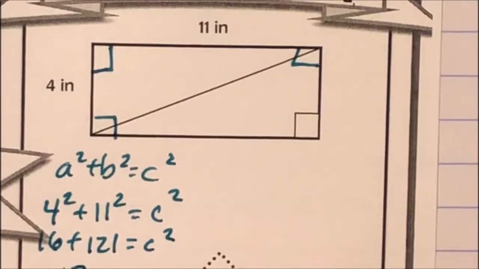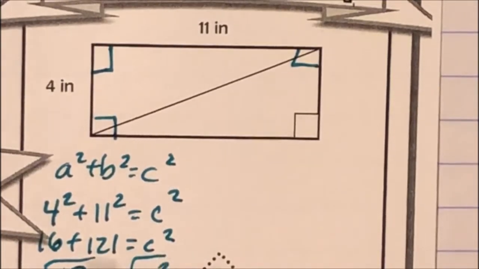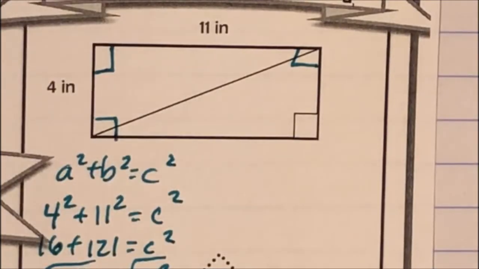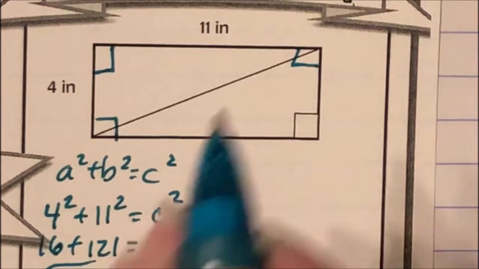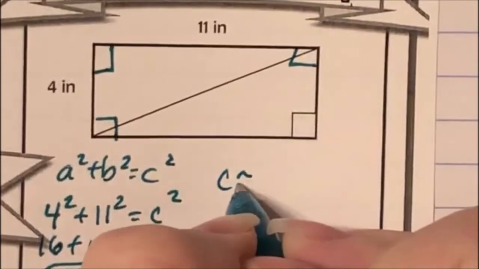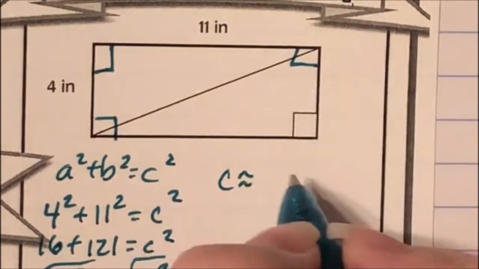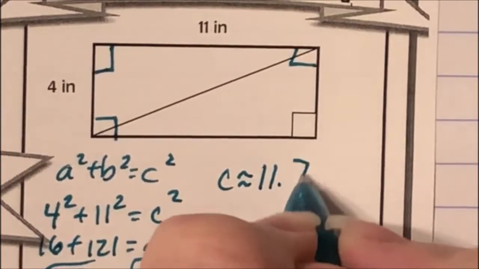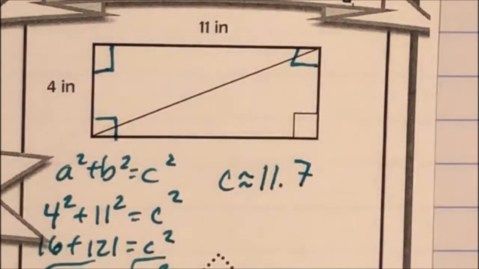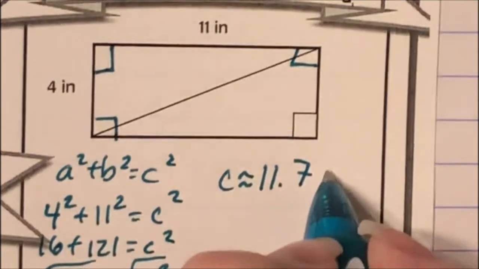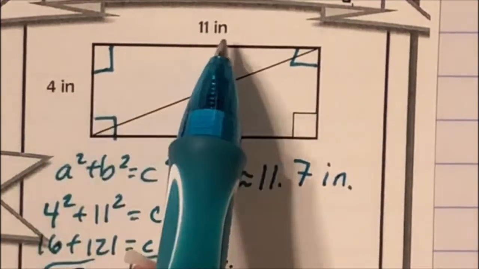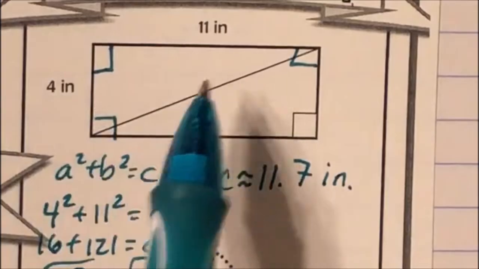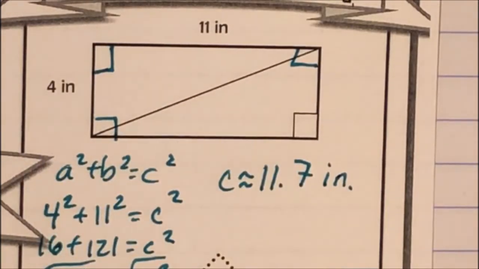This then gives me 137 equals c squared, and I square root both sides. The square root of 137 gives me c is approximately 11.7, and I'm going to round to the nearest tenth. And it's in inches, because that's what they gave me in the triangle.